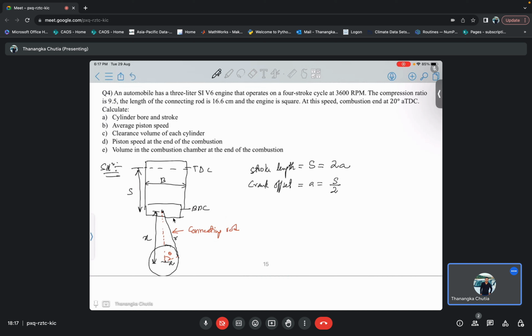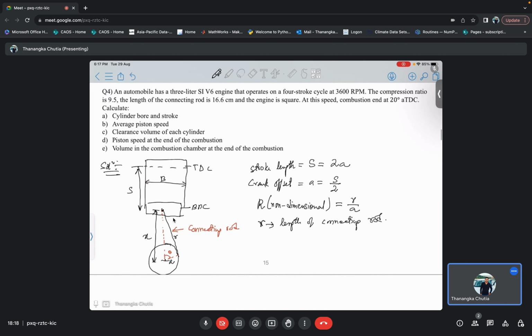Fine. Now there is a non-dimensional parameter, capital R, that is nothing but small r by A, where small r is the length of the connecting rod.